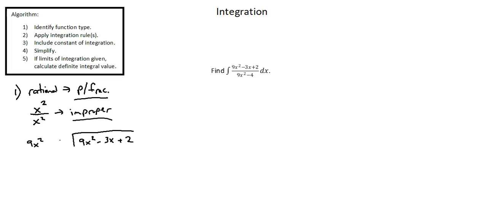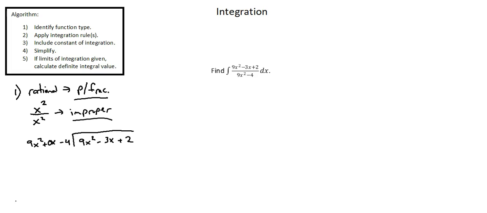Notice that my next term is a degree of 0 for x. I'm going to add in a middle term, which is 0x minus 4. And now our divisor includes terms for all degrees of x. X to the power of 2, x to the power of 1, x to the power of 0.